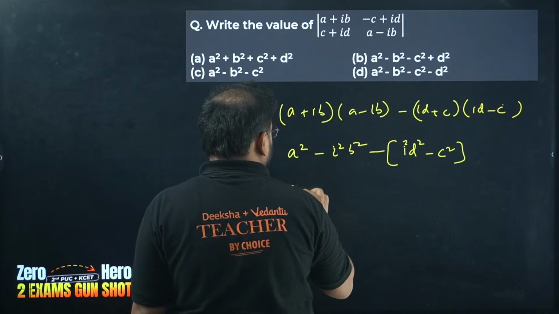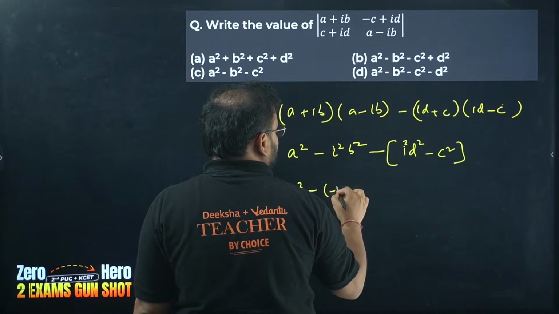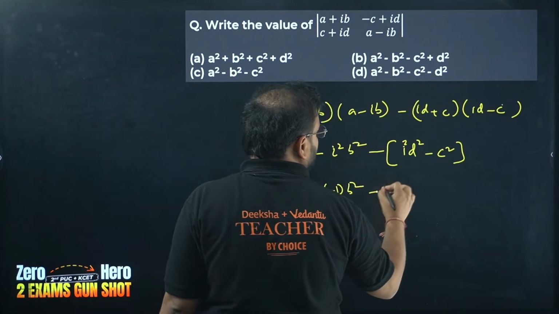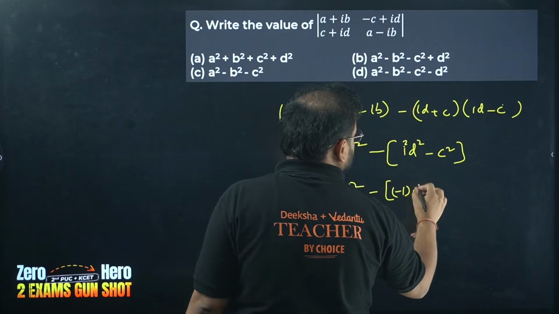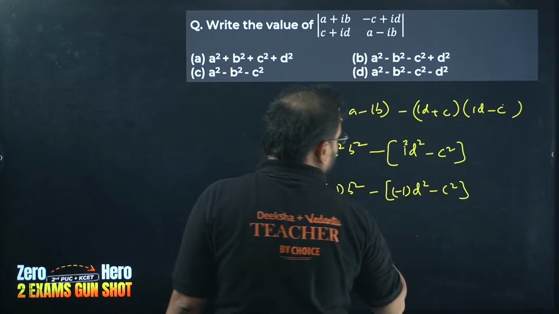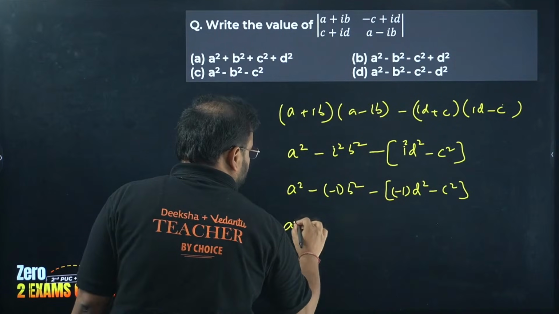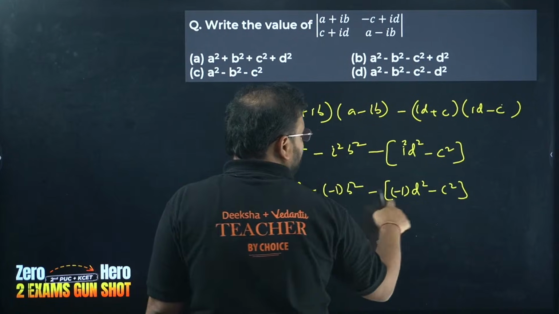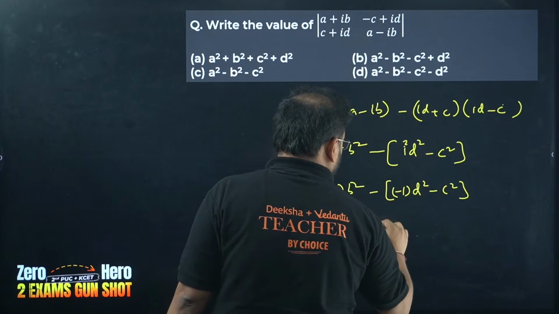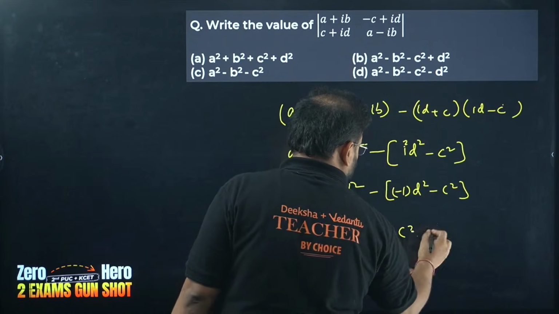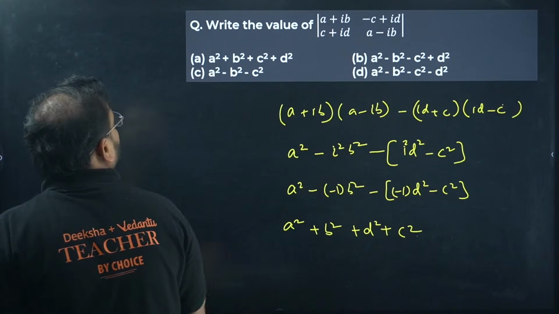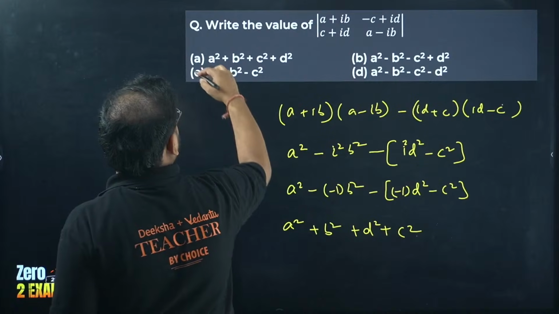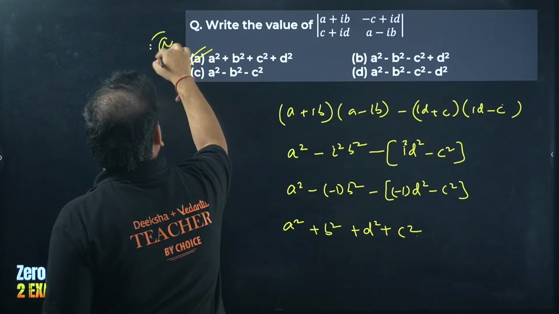We get here a square minus minus 1 into b square, and over here minus 1 into d square minus c square. Expand the brackets and use the sign change. We'll have here plus b square, and minus and minus becomes plus, so plus d square, and here we have plus. So answer is a square plus b square plus c square plus d square, which is option A, guys.